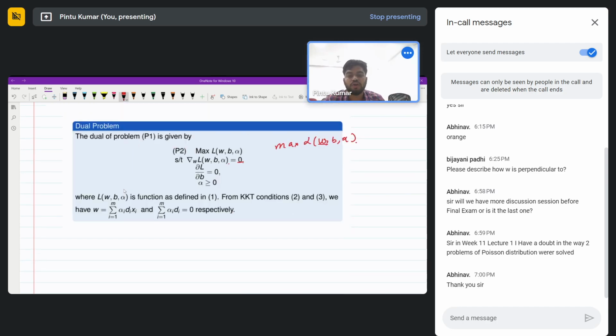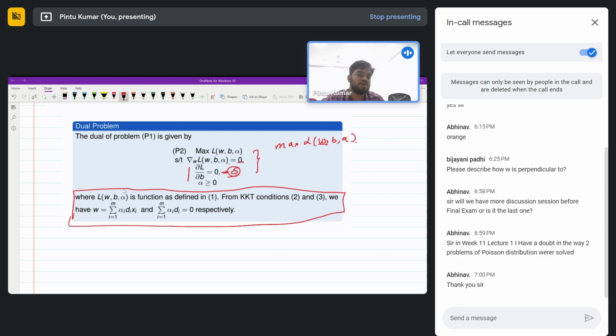That's why we also have a term which is its derivative with respect to b equal to 0. We will come back to this last statement in a while. Till now, just remember that we have reached the dual. What I said is, we have some primal, we get the dual out of it, then we use some KKT conditions to reduce it into a simpler form.